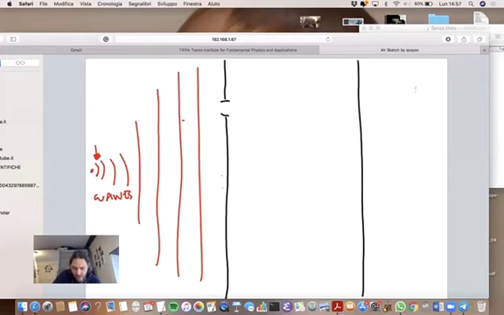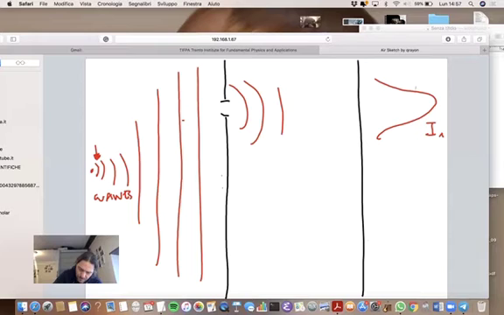Typically what will happen is that very close here there will be a maximum. So if I look at the maximum intensity, which is the square of the maximum altitude of the wave, there would be a peak of intensity here. And maybe there would be some non-trivial structure here.